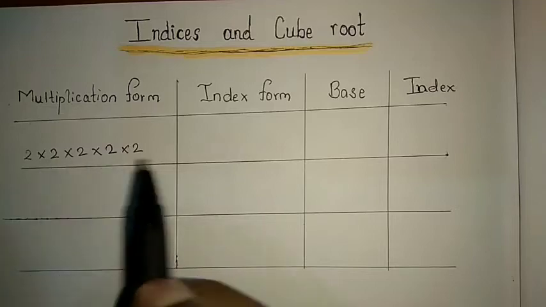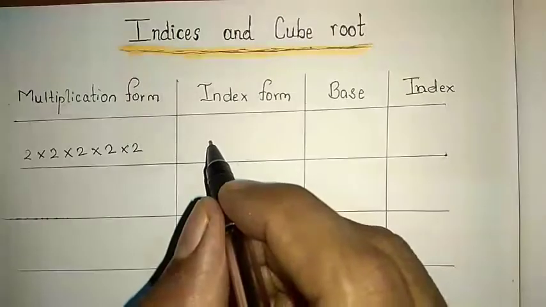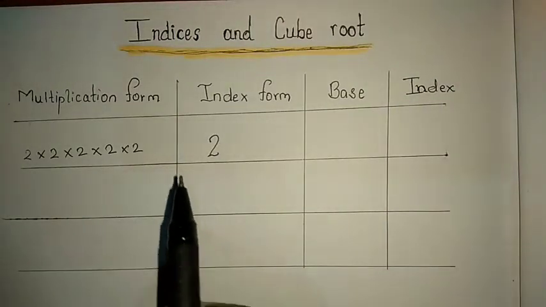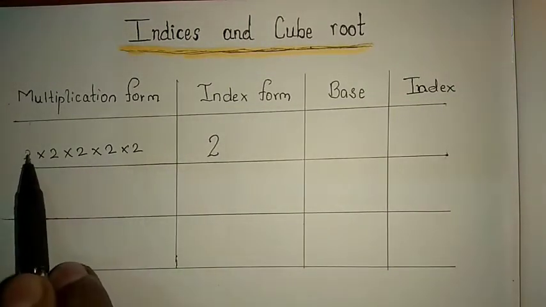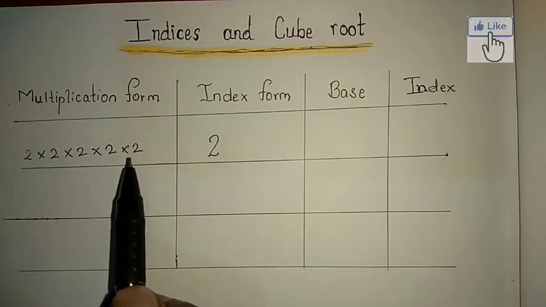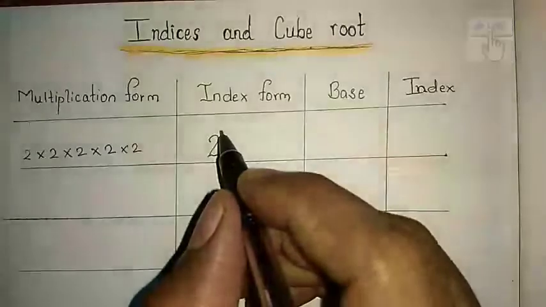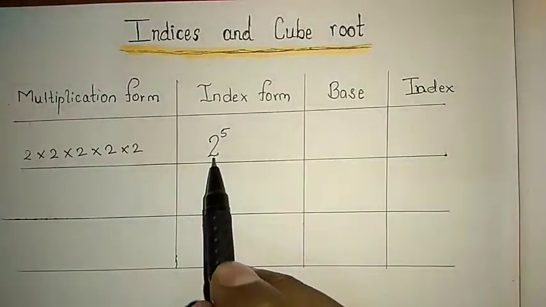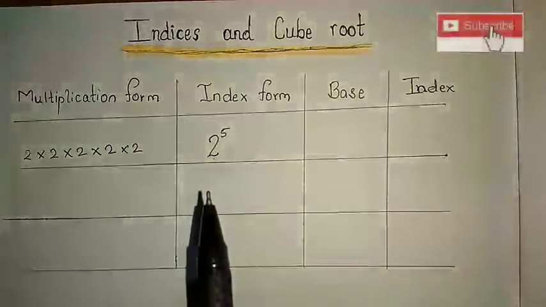I have multiplied 2 by itself, so I will write here 2. And how many times have I multiplied 2? 1 2 3 4 and 5. So 5 is the index. It means 2 multiplied by itself 5 times.